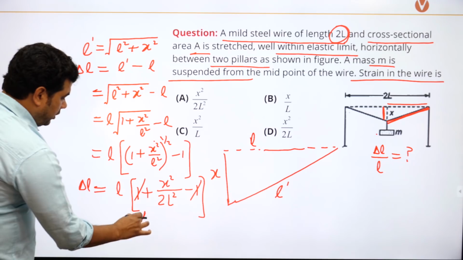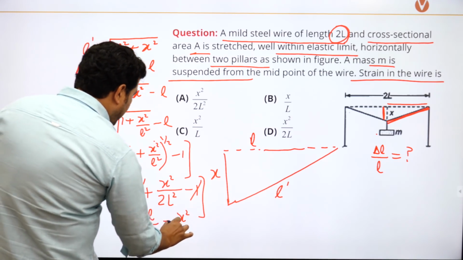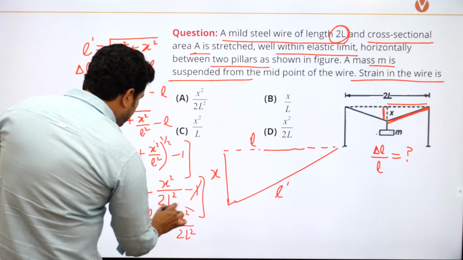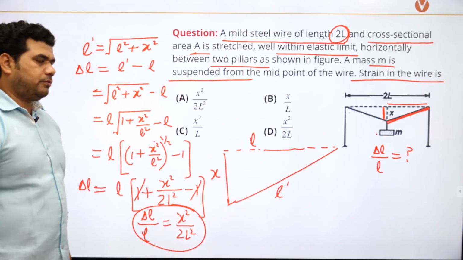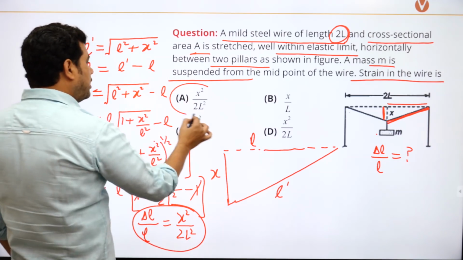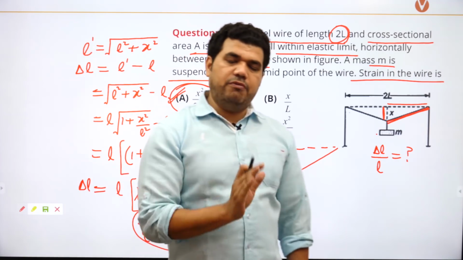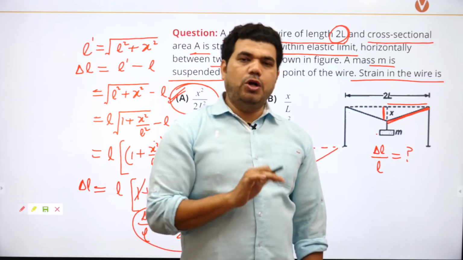So we have delta L upon L is equal to X square upon 2L square, and this is your answer. Here it is. So the answer for this question, the strain developed in it, is X square upon 2L square.